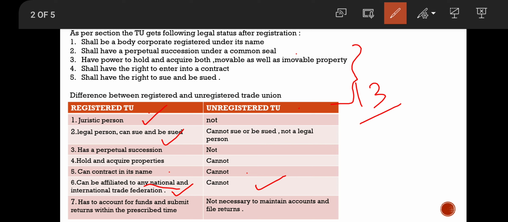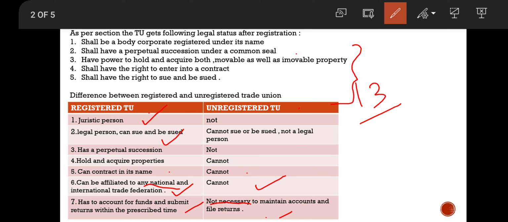And a registered trade union has to account for funds and submit returns within a prescribed time, and in an unregistered trade union, it is not necessary to maintain accounts and file returns.